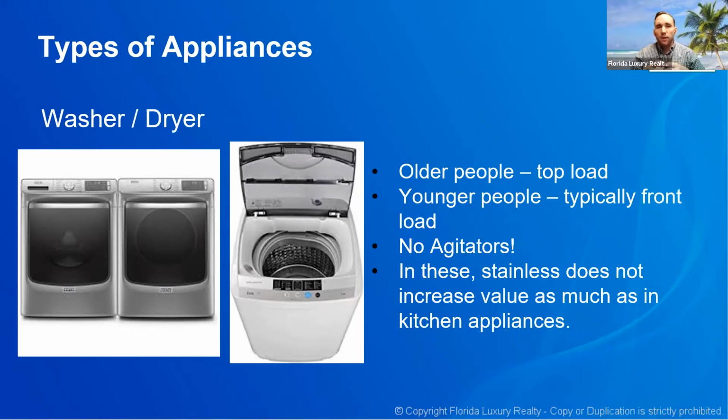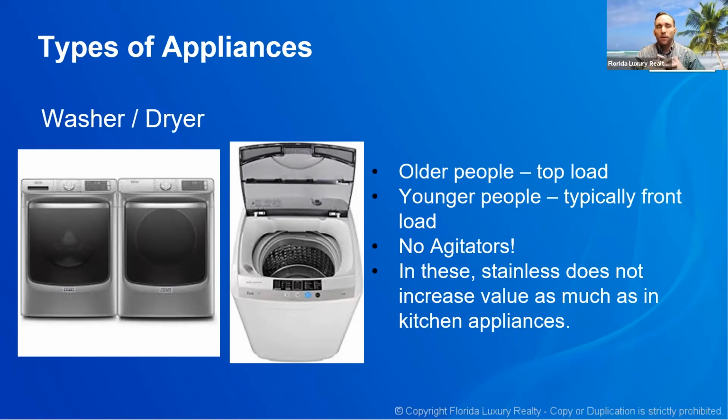When I was looking at some of the sales statistics, about 40% of people have purchased stainless steel, but 60% of the buyers in the last, I think it was from 2018 and 2019, 60% of the sales were still either black or white units. So stainless is still catching up.